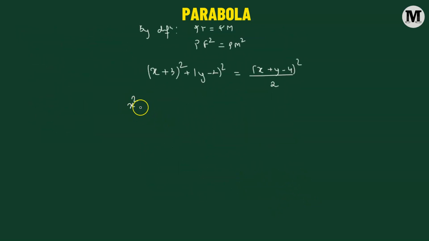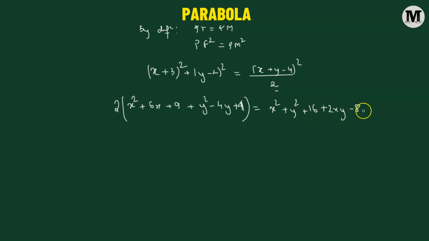Okay, let's further simplify. Now we have x squared plus 6x plus 9 added to y squared minus 4y plus 4. This will be equal to, so let's do one thing. We're going to cross multiply with this 2 on the expression on the left hand side, and that leaves us with x plus y minus 4 whole squared. When expanded, we get x squared plus y squared plus 16 plus 2xy minus 8y minus 8x.